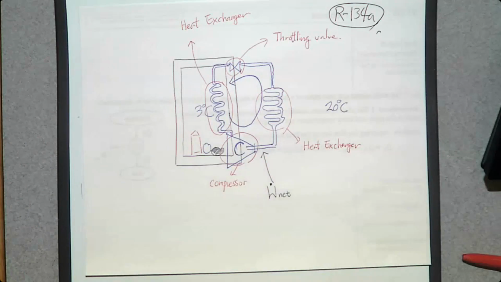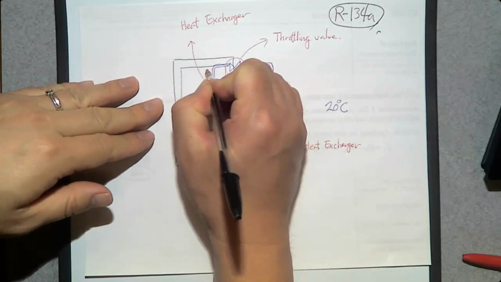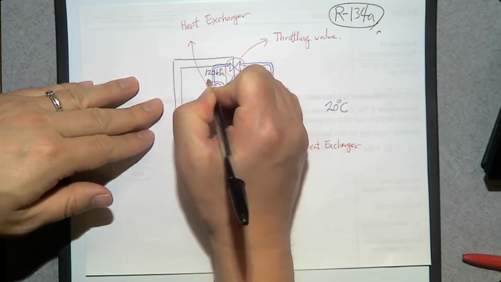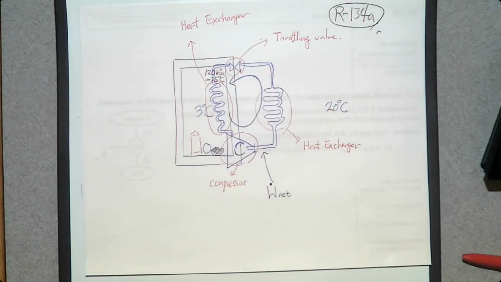Then at the inlet of this evaporator, let's say it is 120 kilopascal and minus 25 degrees Celsius. I'm just making up these numbers based on the textbook.